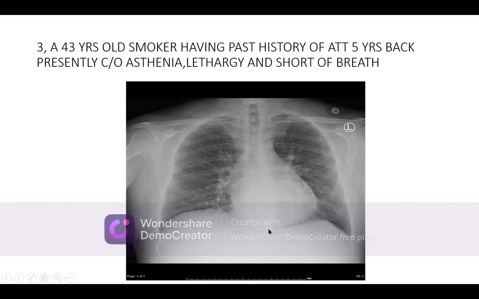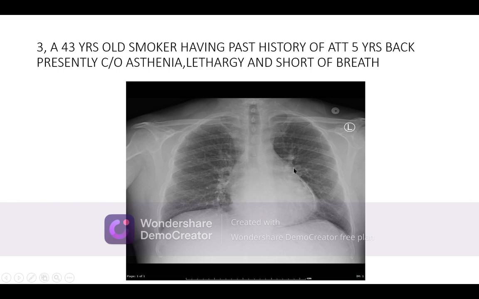The third one is a 43-year-old smoker having the past history of antitubercular therapy 5 years back, presently complaining of asthenia, lethargy, and shortness of breath. Now, interpretation is this: all the bony skeleton and soft tissue shadows are fine, the trachea is central. Starting in the lung fields, the apex, the first intercostal space comparing the second, third, fourth, fifth, sixth, seventh.